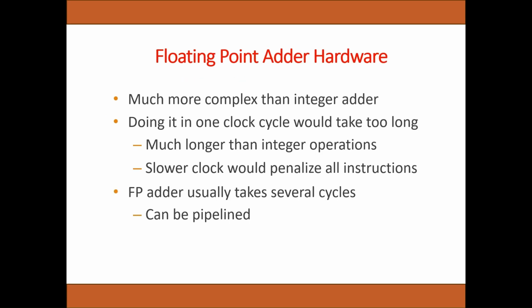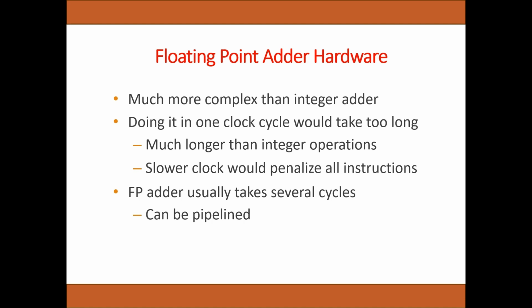Now I will also tell you what the floating point adder looks like and how all the steps are done one by one. This floating point adder is very different from an integer adder. In an integer adder, the entire addition happens in one cycle. But for floating point addition, so many steps are there. It takes several cycles.